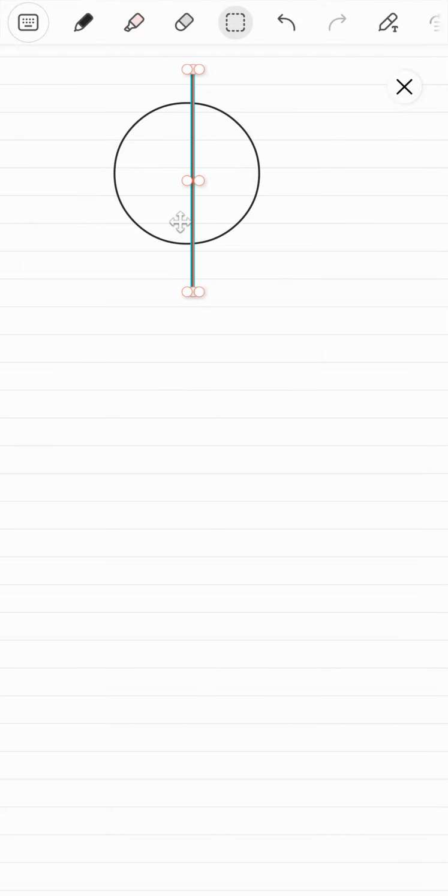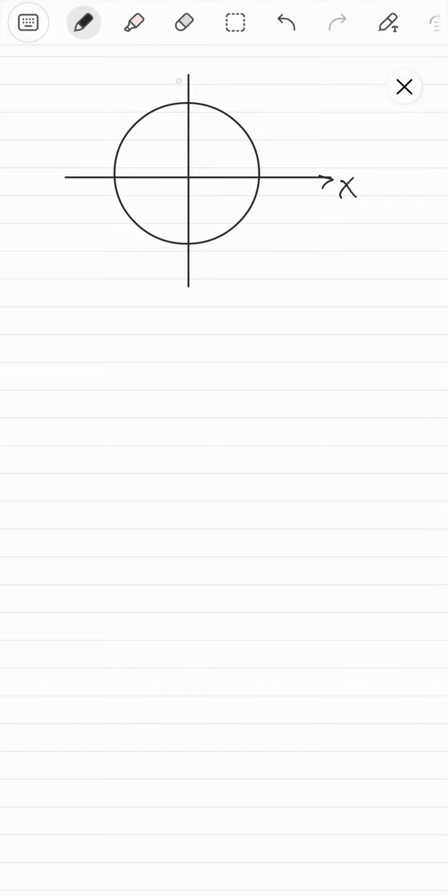Let's say this is the x-axis, this is the y-axis, and it's rotating with angular velocity omega about the y-axis, and this is the origin O. We also assume uniform mass density.